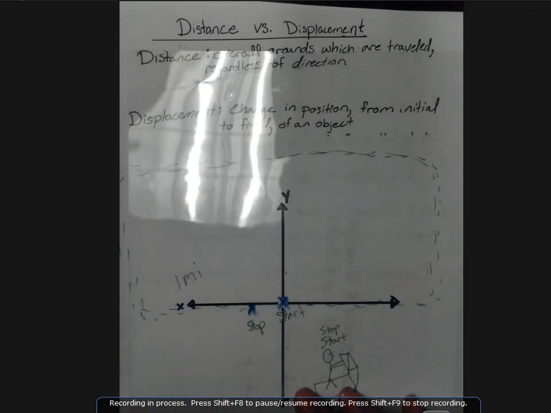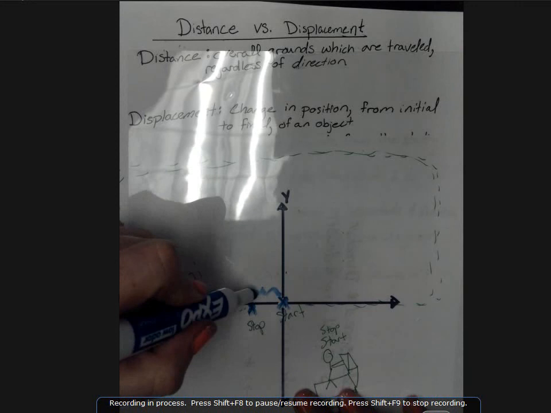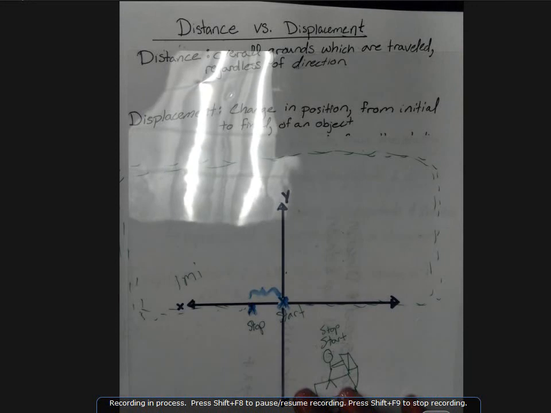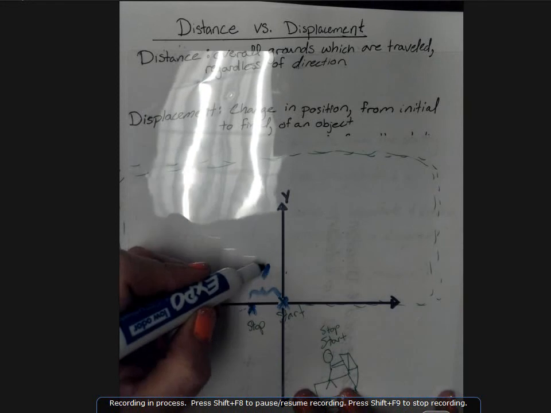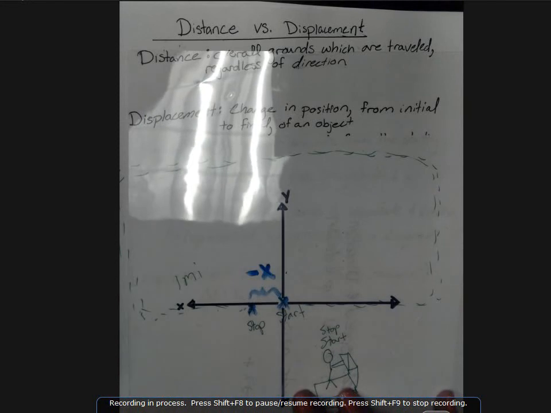And in this situation, right, you started here and you stopped here, and all we're measuring in order to determine displacement is this amount here, how far from the starting point you actually are. And that's not a mile, that's in fact a negative distance. You've actually traveled negative x, not a mile, because you're only this far away from the origin.